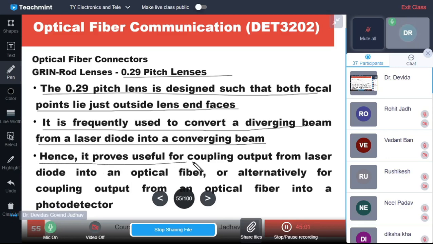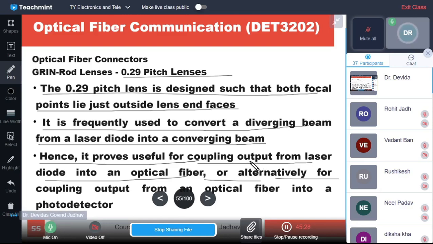Hence, it proves useful for coupling output from a laser diode into optical fiber, or alternatively for coupling output from optical fiber into a photodetector. So from laser diode to optical fiber, or from optical fiber to photodetector, or maybe it can be used for fiber to fiber.